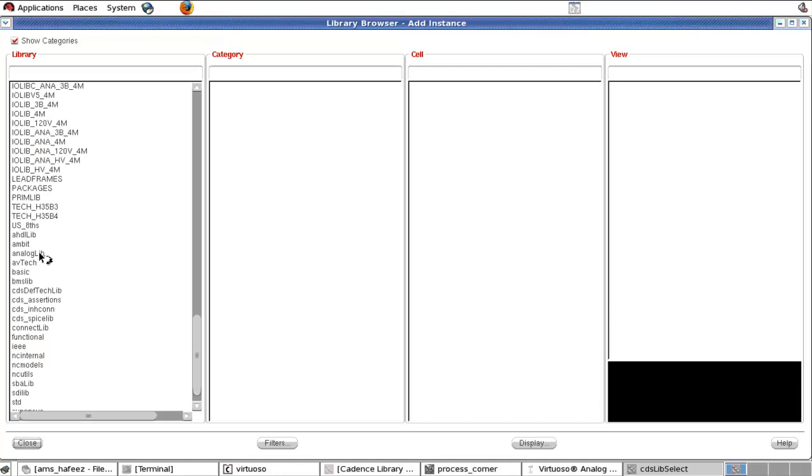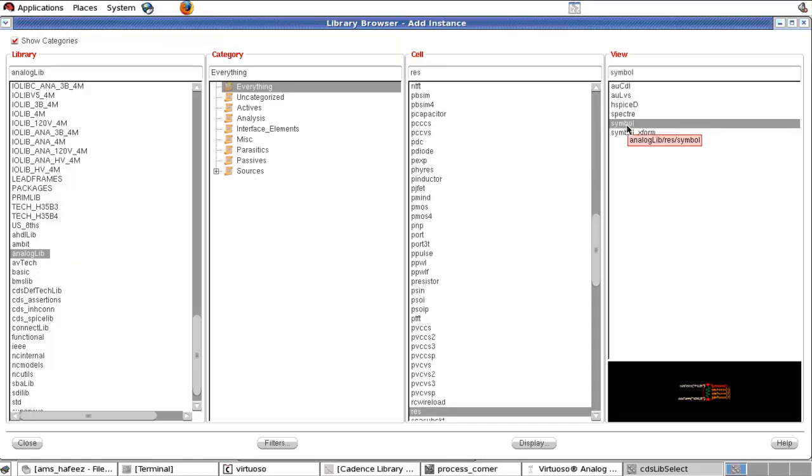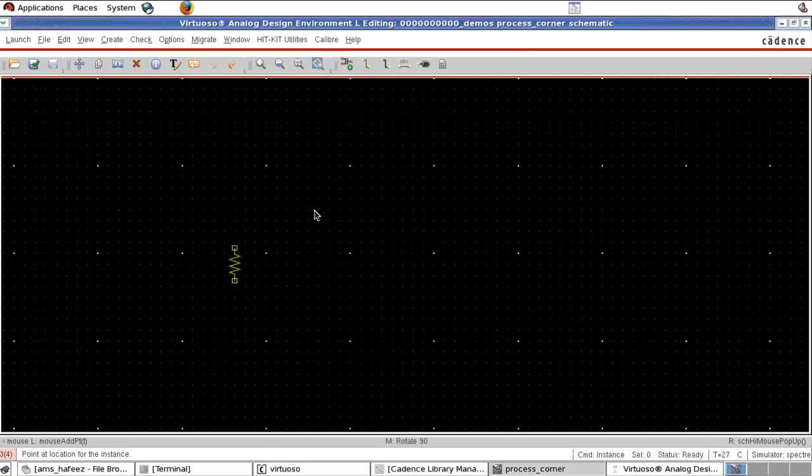From the analog library, I select a resistor symbol, close this, and okay, the resistor value is 1 kilo ohm by default, and I place the resistor.